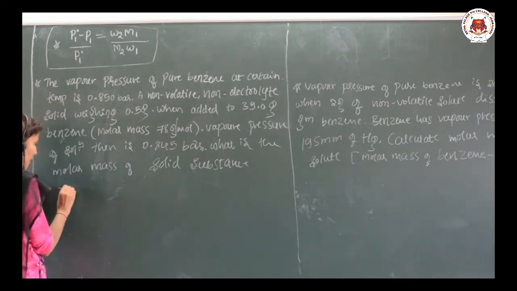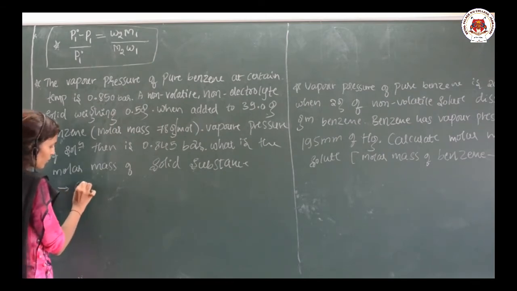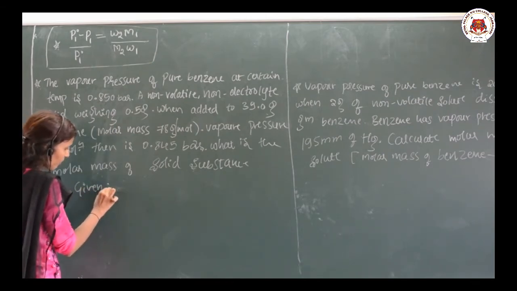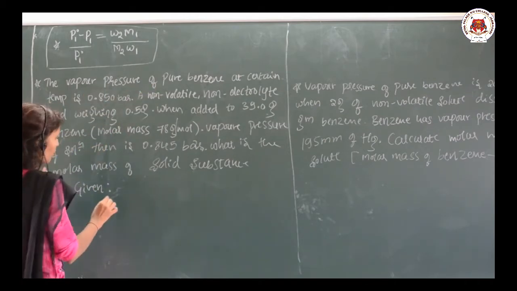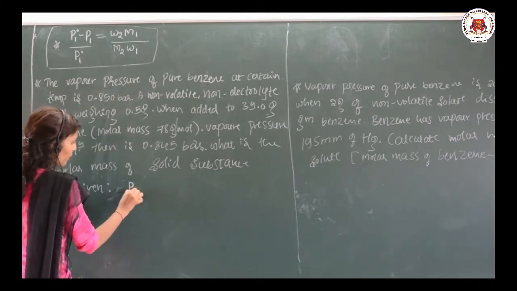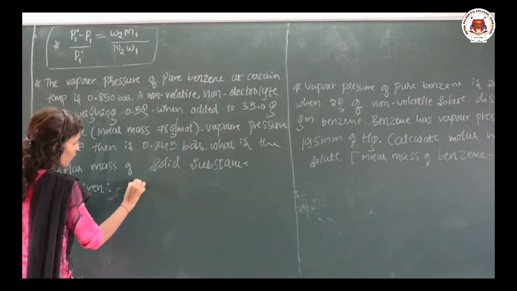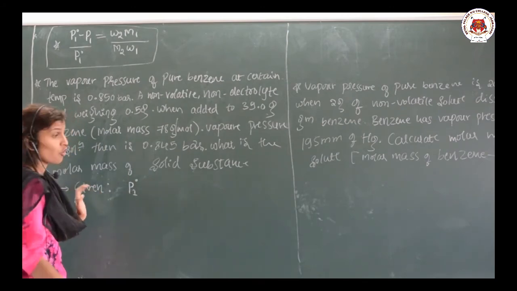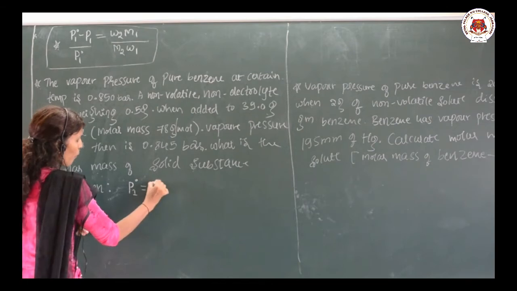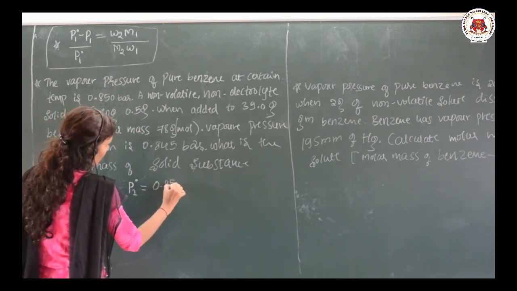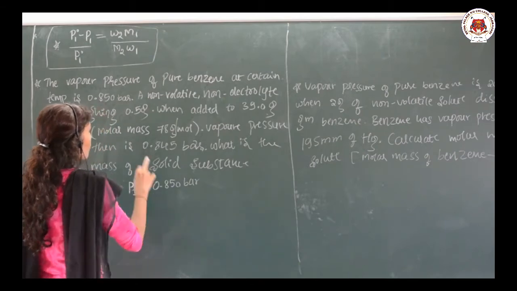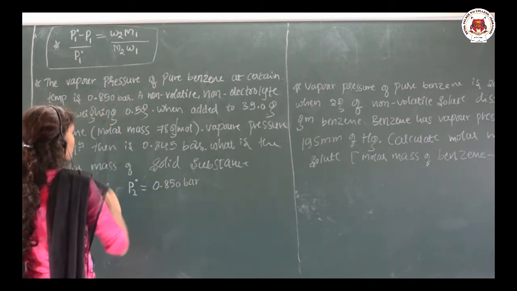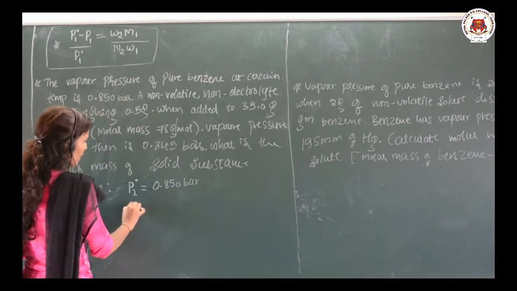So, let me write the given terms. Here, the vapor pressure of the pure benzene, P1 naught, is equal to 0.850 bar. A non-volatile solute weighing 0.5 gram, that is the weight.